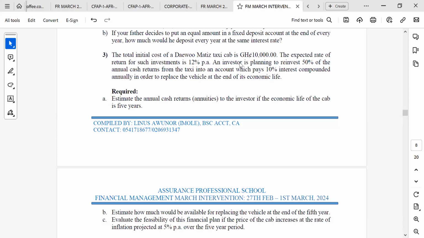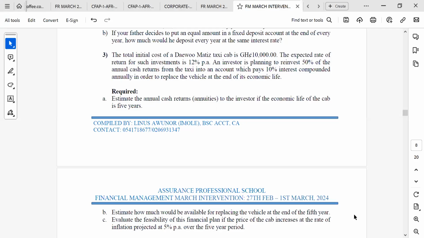Yes. Receiving it every year qualifies it to be called annuities. So the first question, they are just asking you for the return, 0.12 multiplied by 10,000. That is 1,200. It's every year, so it can be called annuity. It's not that you have to do any calculation. That's all. So it's very simple, like ABCD.